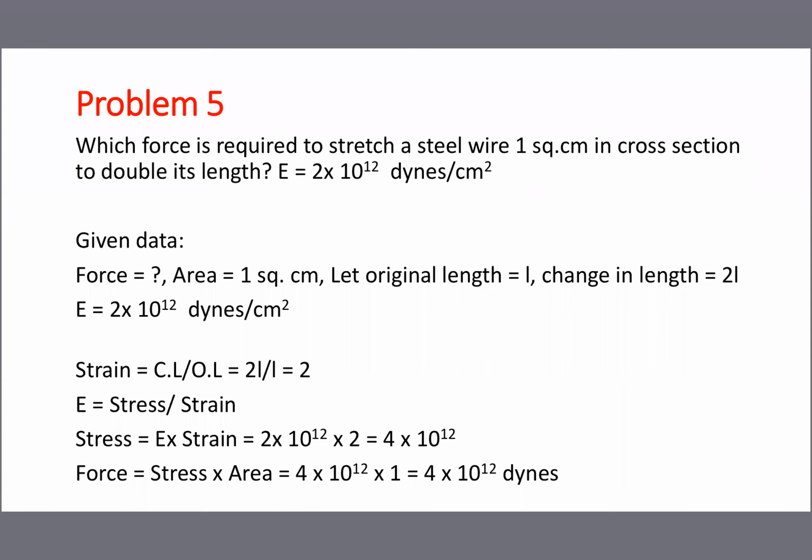Capital E, 2 into 10 power 12 dynes per centimeter square. So given data, you check once again. Force they are asking, area of cross section of the rod given 1 square centimeter. Let original length be L, then change in length is 2L, double of its length, it is elongated. Elongation is 2L, that is L2 minus L1 value is 2L. Capital E value given.